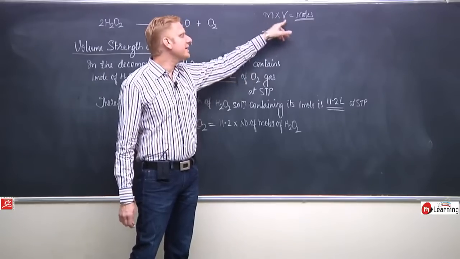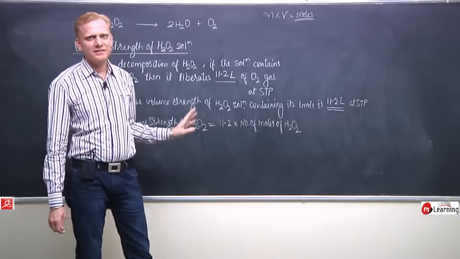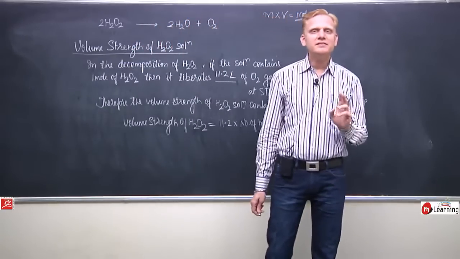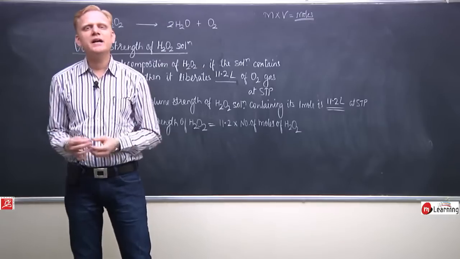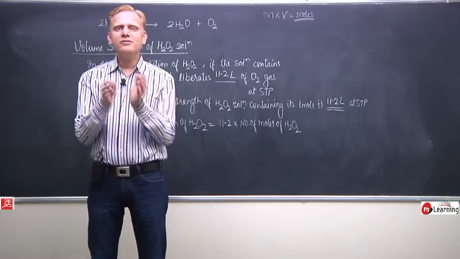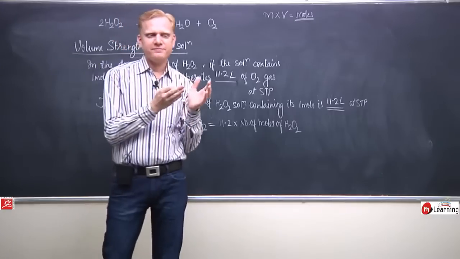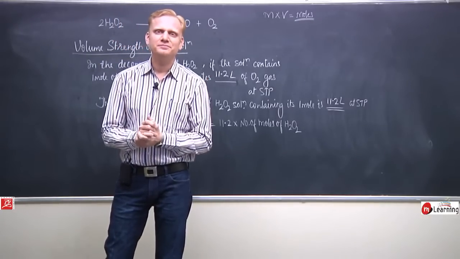So molarity can be determined if we know the volume and the volume strength, right? If these two things are known, then the molarity can be determined. So one of the three things are usually asked: molarity, volume, volume strength. If we know the other two terms, we can determine the third one.